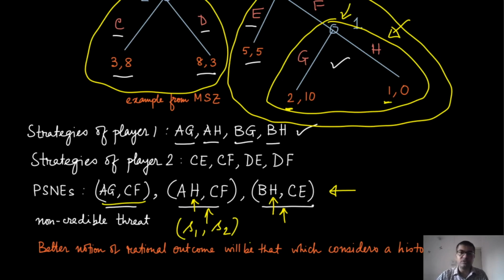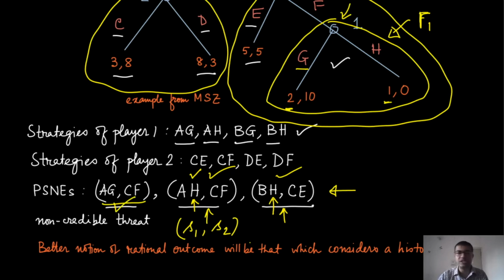Then the restriction of S1, S2 to this subgame, let's call it gamma 1, will just give you the strategy for player 1, which is H. And that is clearly not a pure strategy Nash equilibrium, because player 1 clearly gains by playing G. Therefore, this definition of subgame perfect Nash equilibrium rules out these two possibilities, AHCF and BHCE, because in both these cases, there exists some subgame where the restriction of the original strategy to that subgame is not a pure strategy Nash equilibrium.